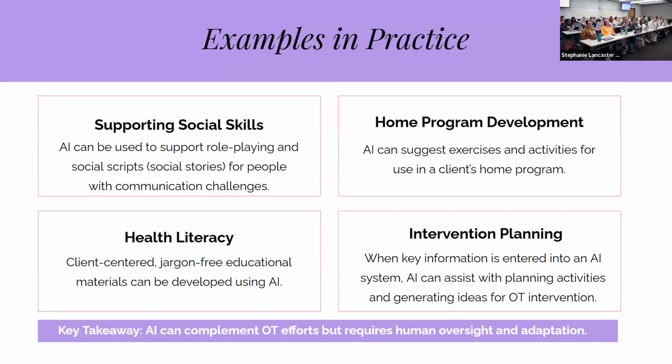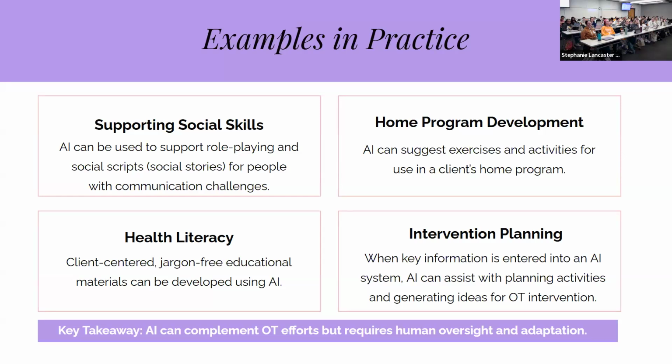Addressing the jargon that we all know that clients, and sometimes even we, struggle with out there. And then intervention planning, and I saved that last one to end on here because that's what we're talking about specifically. So when key information is entered into an AI system like ChatGPT, AI can assist with planning activities and generating ideas for OT intervention. The key word there is the word assist.